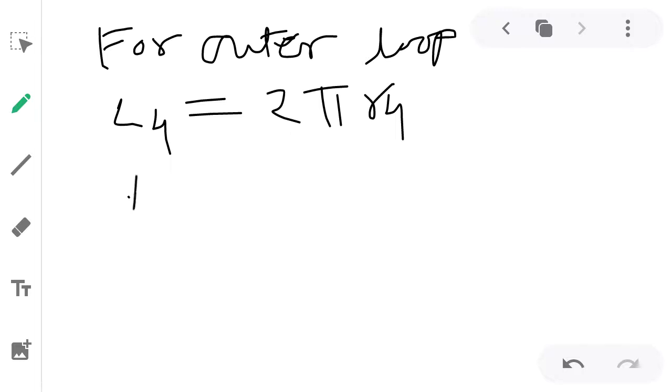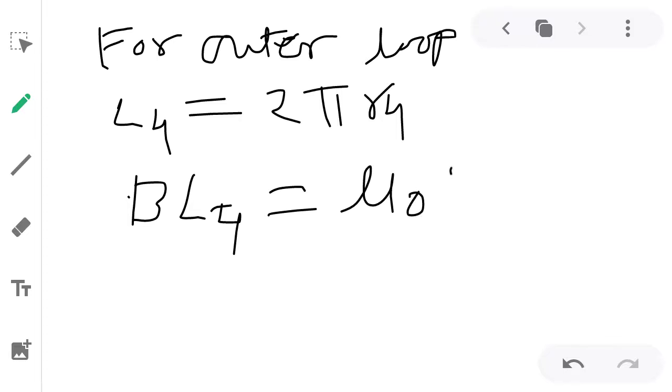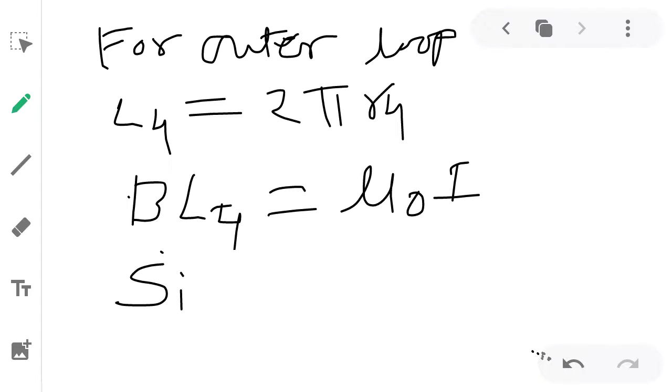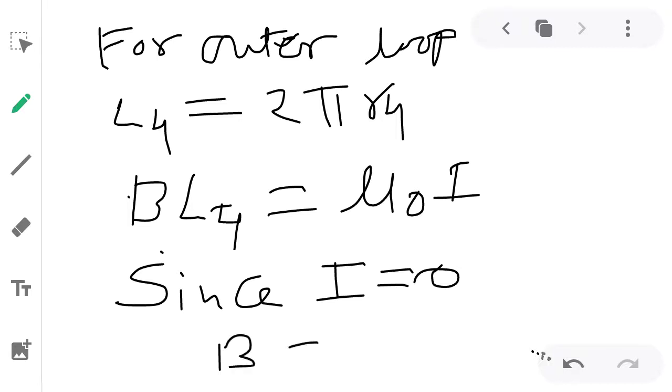So now we simply apply Ampere's circuital law. B L4 is equal to mu 0 I again, but since I is 0 for this loop, because there is no current outside the toroidal, B is equal to 0.